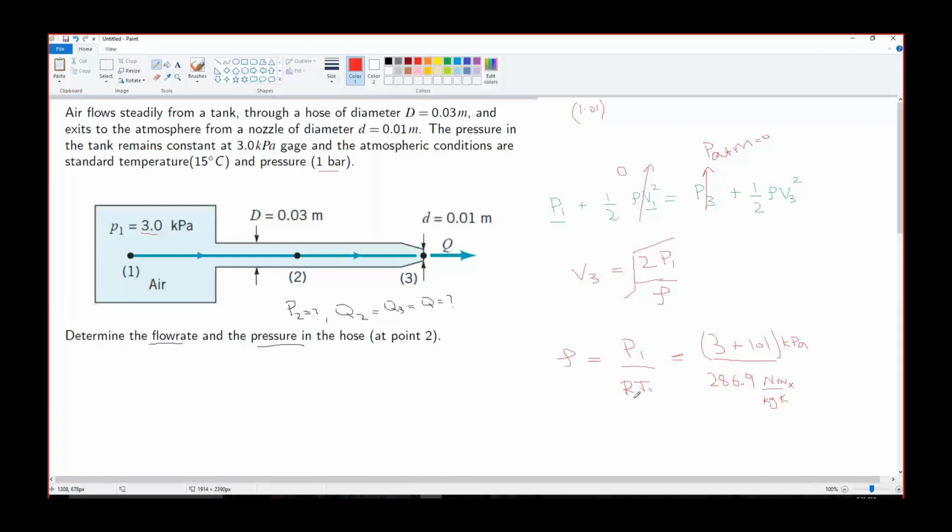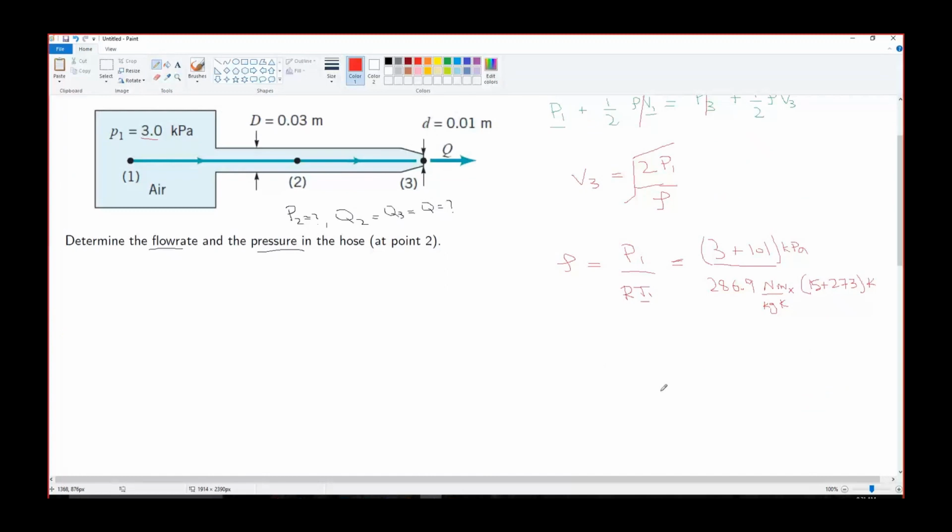T should be in Kelvin, so it should be 15 plus 273, and the units are Kelvin. So quickly calculate rho.